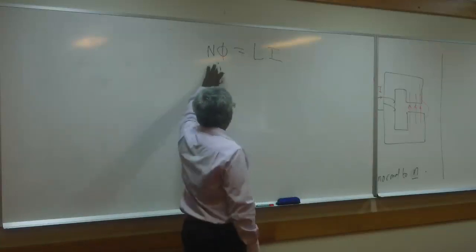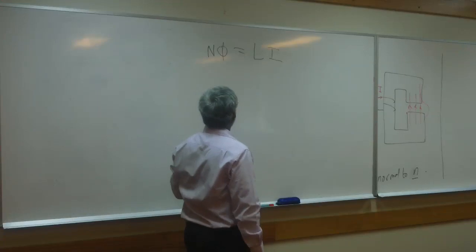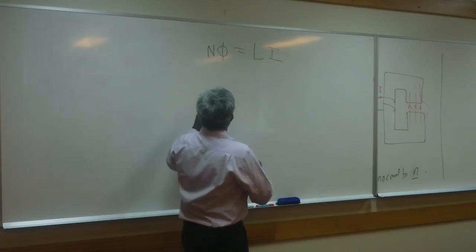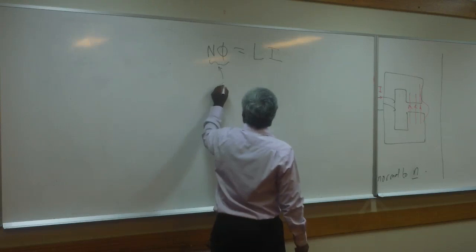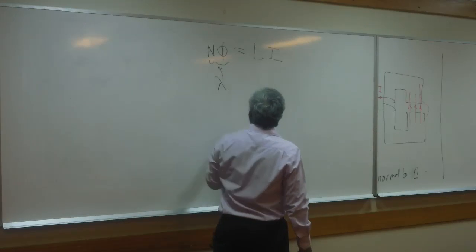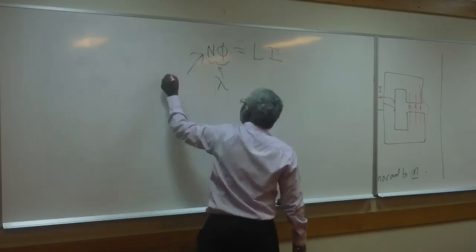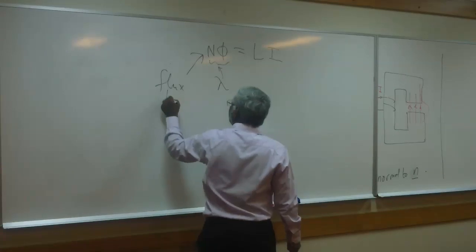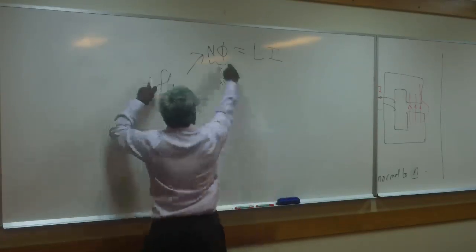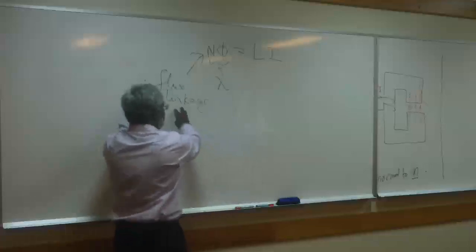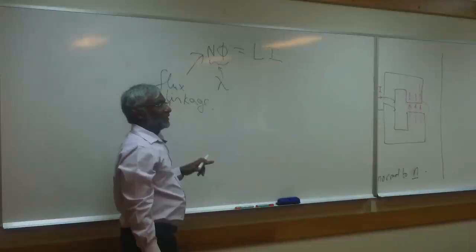Now this Nφ, as I say, is flux linkage, and I can leave that like that, or if you want a symbol for flux linkage, some people use lambda, so that's flux linkage again, which is a nice name because the phi is flux and the linkage is link.